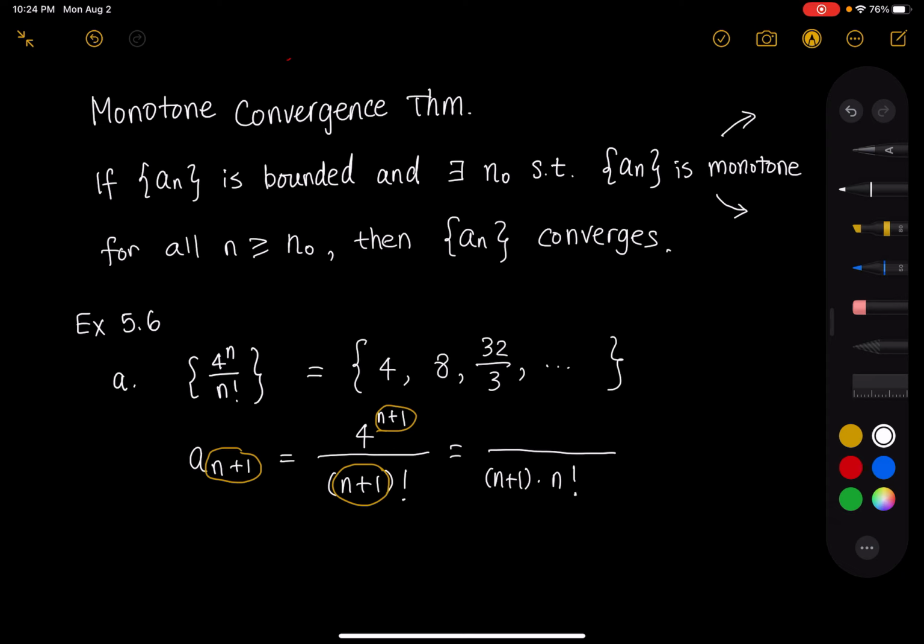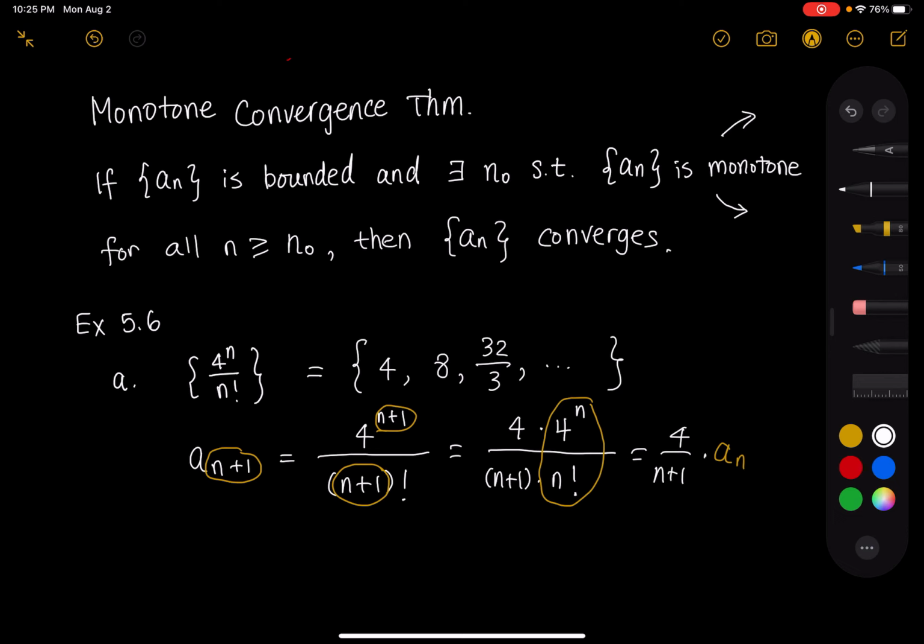On the top is 4 to the n plus 1 power, so it's 4 times 4 to the nth power. And you will realize this term is just a_n. So that is 4 divided by (n+1) times a_n.